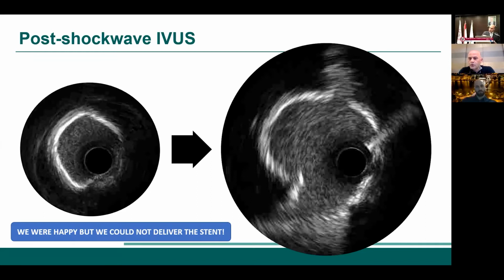Sorry, I didn't get the answer. There was an interruption in the net. The difficulty in crossing was because of the tortuosity or because of the lesion per se? The lesion, the morphology of the lesion. We crossed the first tortuosity.